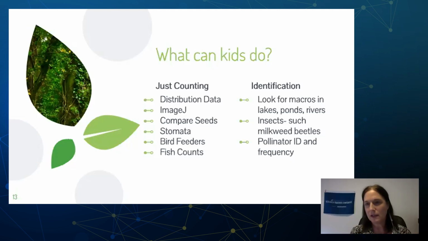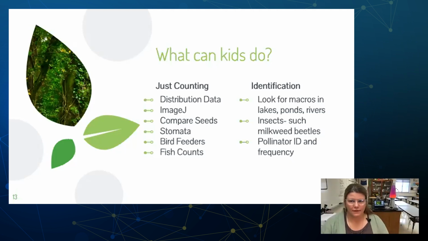And with identification, what can kids do in their homes? What can the kids do when they're on their own? Just getting a net and getting those macroinvertebrates out of a pond versus a lake versus a river, and doing a comparison of the macros that they find. Insects such as milkweed beetles.